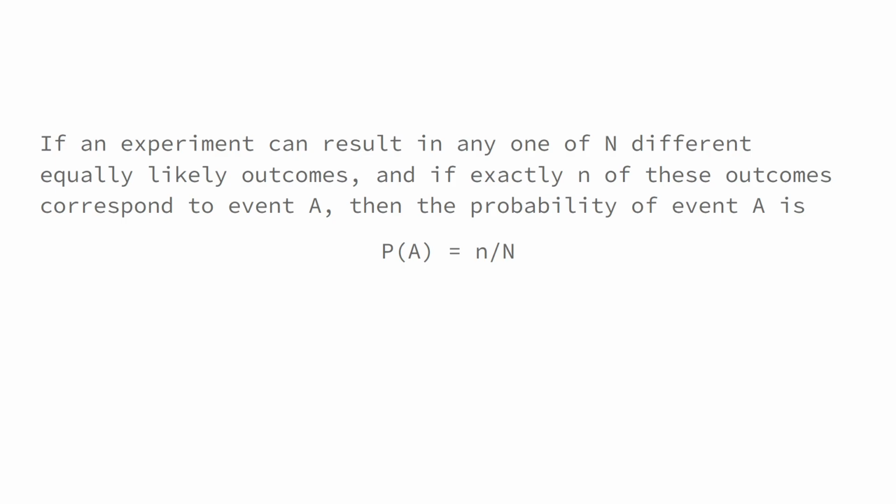So in general, if there are n instead of just 6, and if exactly small n of these outcomes correspond to an event A, then the probability of event A is nothing but small n divided by capital N. Let's see this with the help of an example.